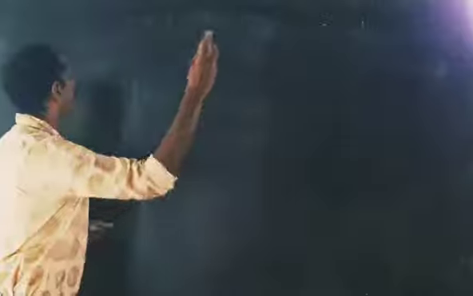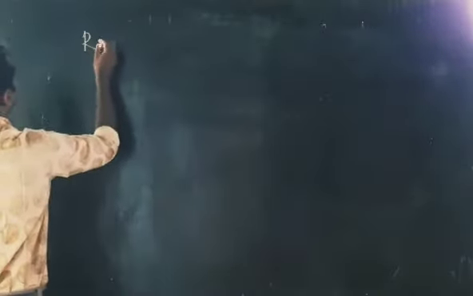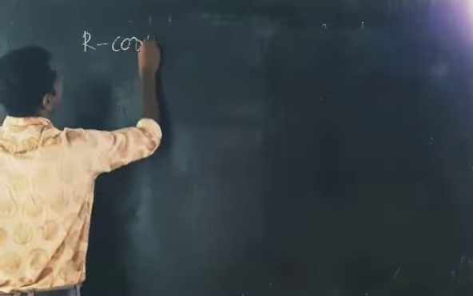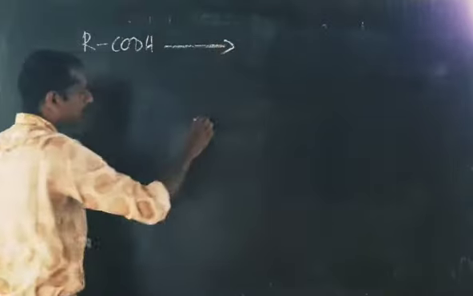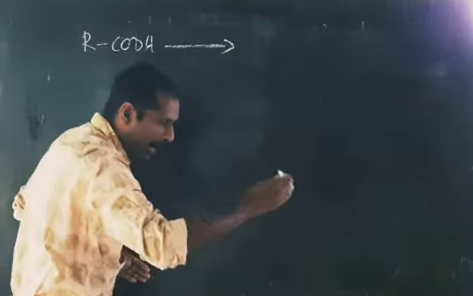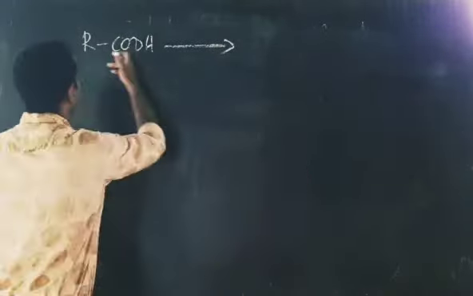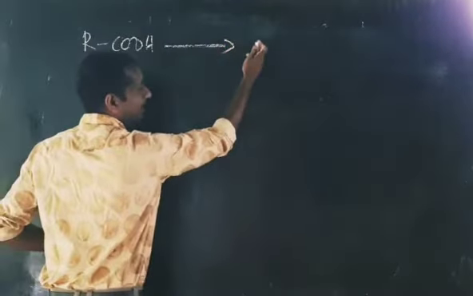Before starting the mechanism, as I told you, Wolff rearrangement is the conversion of alpha diazoketone to ketene. This rearrangement happens when you convert RCOOH, a carboxylic acid, to the higher homologous acid, that means with an additional carbon atom.